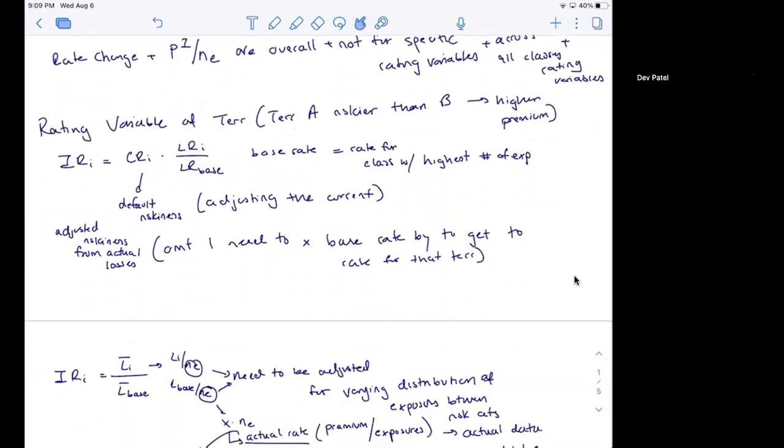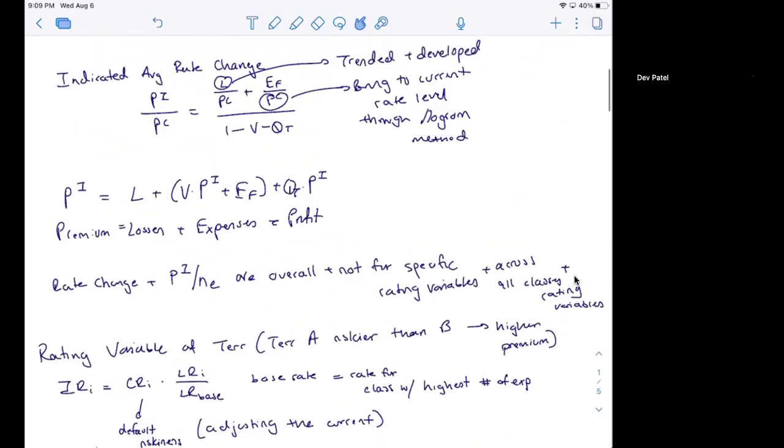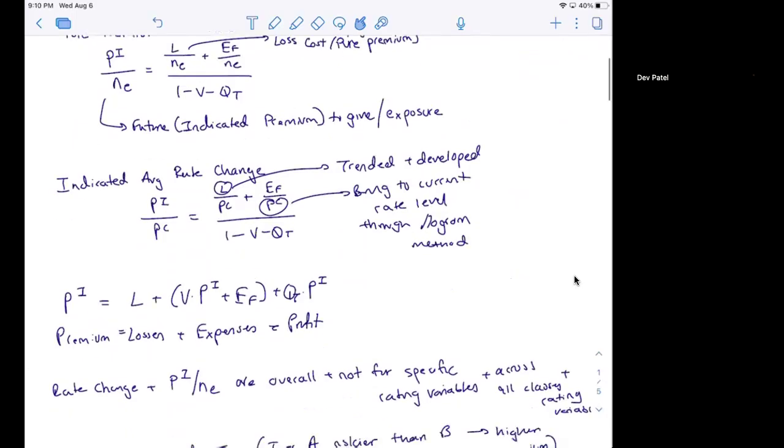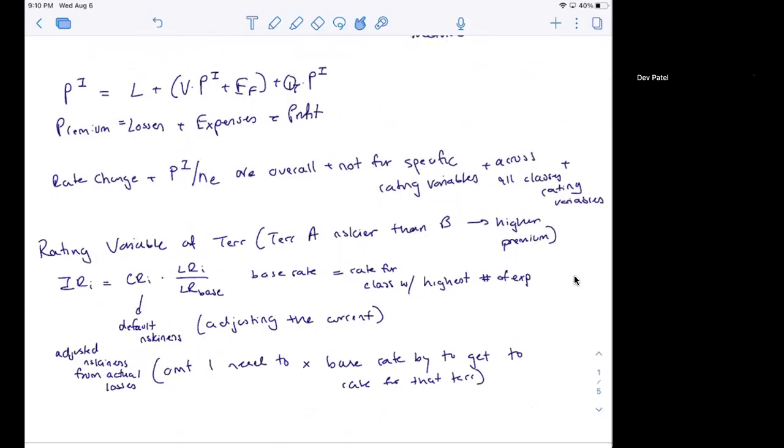Now, if we have multiple different classes, we have multiple different risk categories of a single rating variable. Now we have indicated relativity and we have current relativity. The premium that we calculated from before, the indicated average rate change or the indicated premium from the pure premium method, was based off of current relativity.